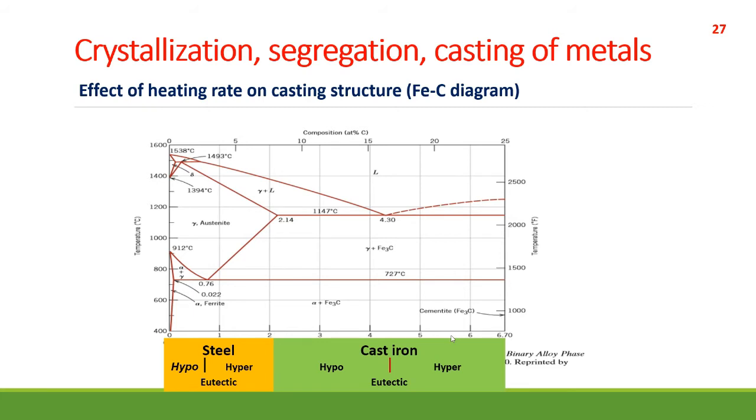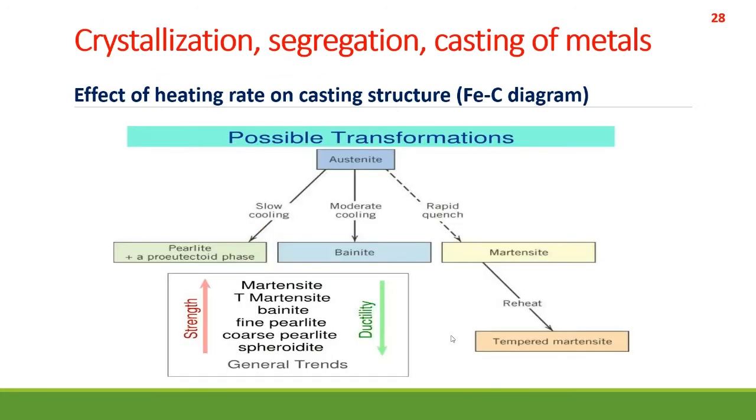So let's see what will happen if I give different heat treatments to the steel portion of this iron carbon diagram. I am sure you are already familiar with this diagram.